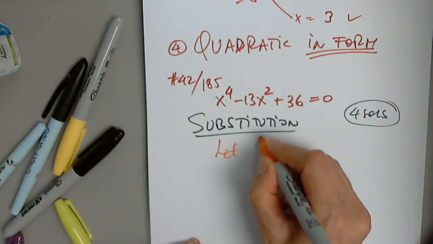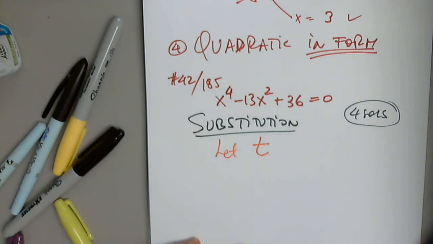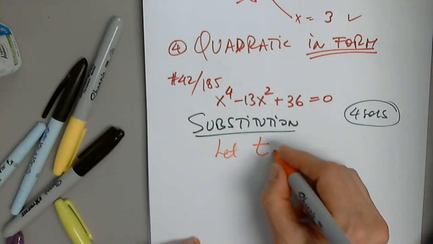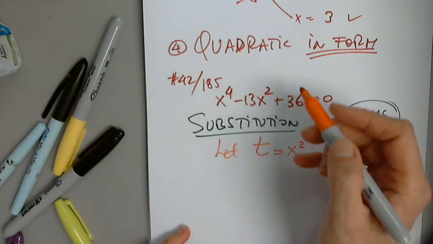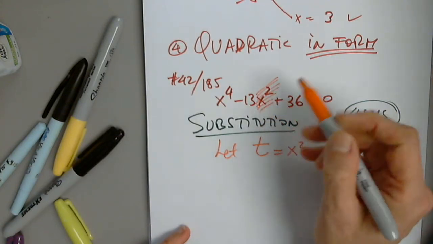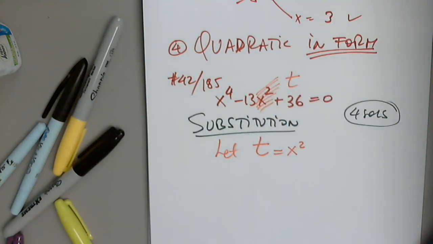I'm going to say let t, or a different letter if you prefer, equal x squared. So I'm replacing this by t. I know you want to ask why. In a minute you'll see why. I can do this only if this quantity is what? Without which I cannot continue.